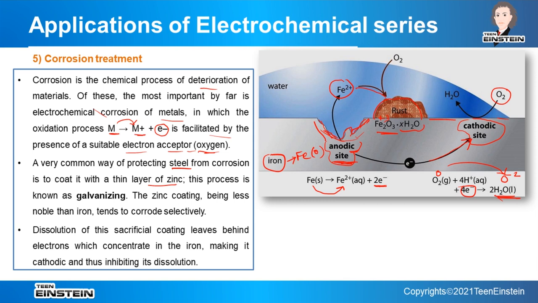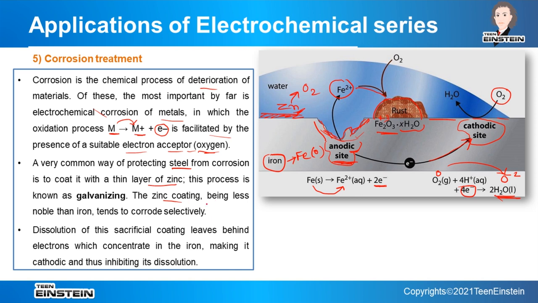So when a zinc coating is present over iron, and it is in presence of oxygen, oxygen will prefer zinc compared to iron to accept electron, because Zn has a high tendency to give electron towards some electron accepting species compared to iron.